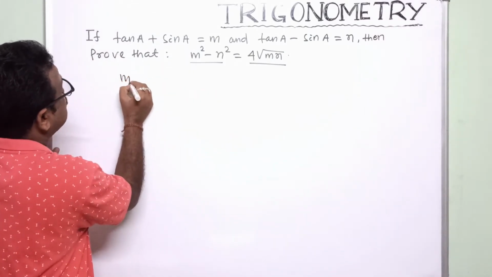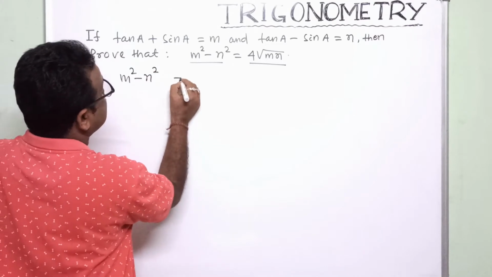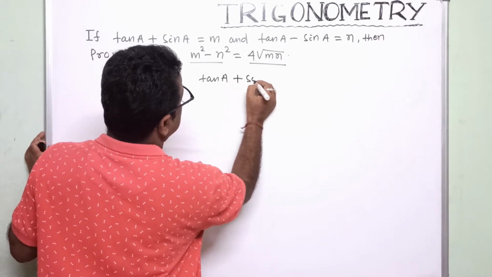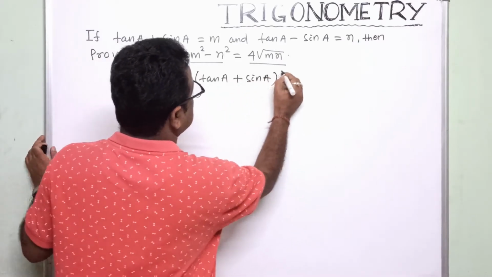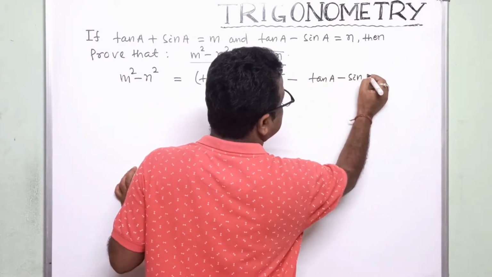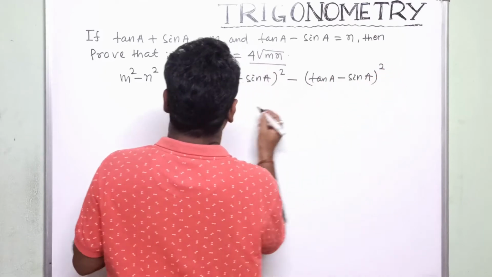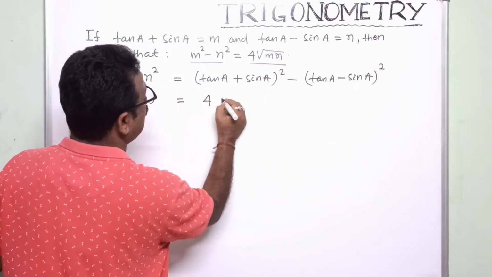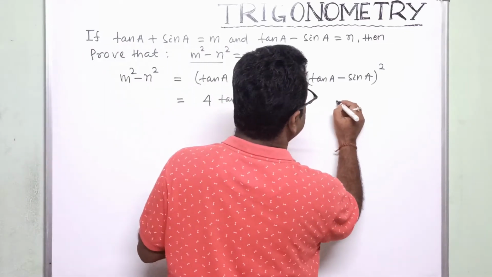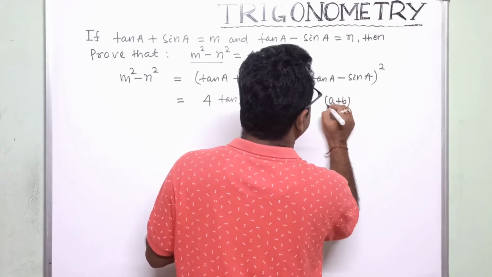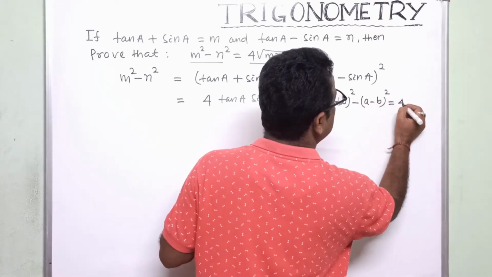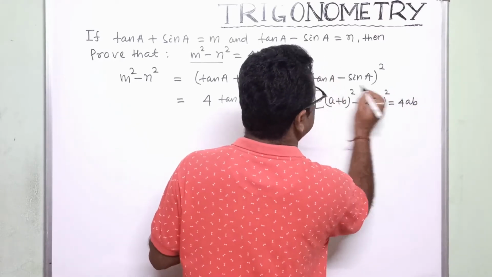So first see, m square minus n square is equal to how much? (tan A plus sin A) whole square minus (tan A minus sin A) whole square. So that is equal to your 4 tan A sin A. How? Because we know (a plus b) whole square minus (a minus b) whole square is equal to 4ab.